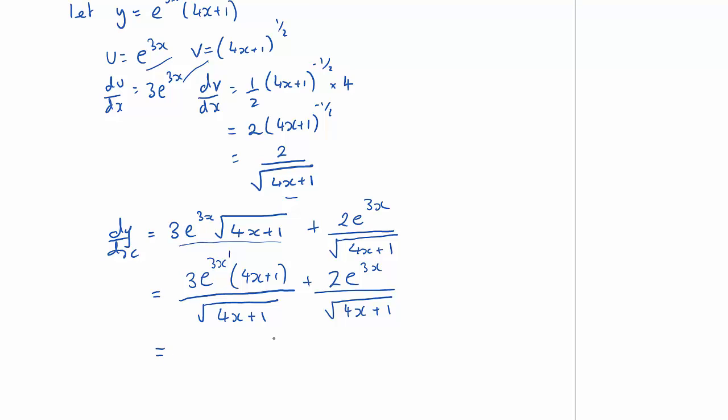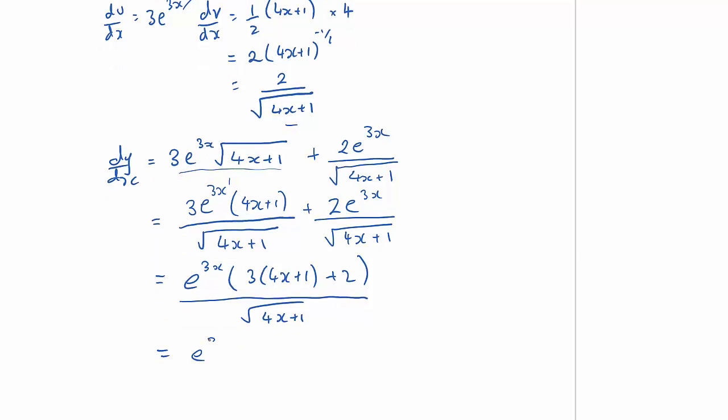And so we can just add the numerators now. And if we do that, we can see that we've got a common e to the 3x. And out of there we can take 3 (4x plus 1) plus 2. Then that's all over the square root of 4x plus 1.